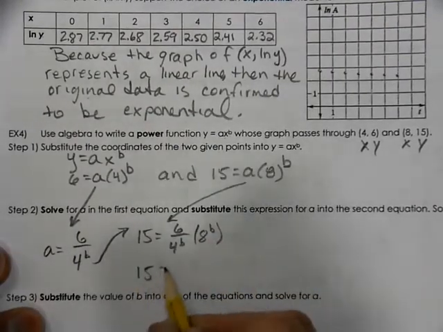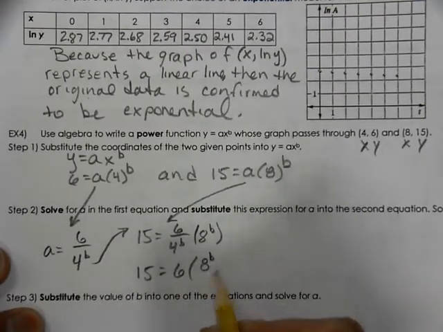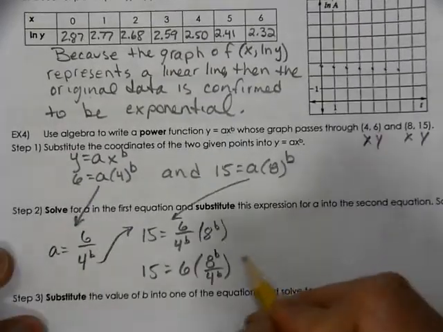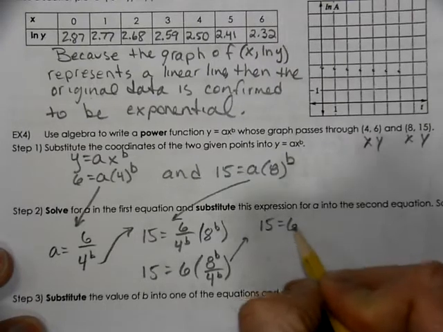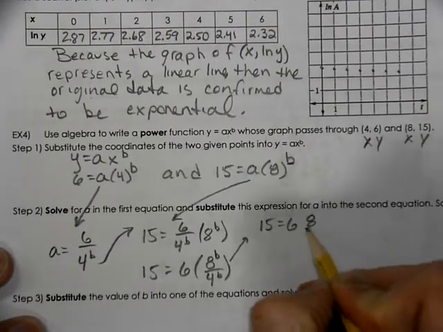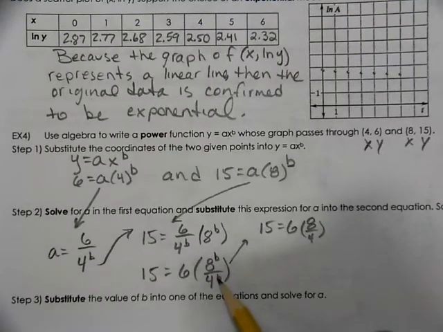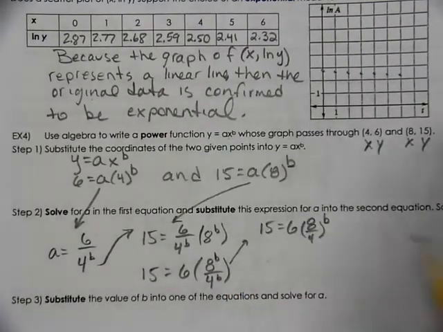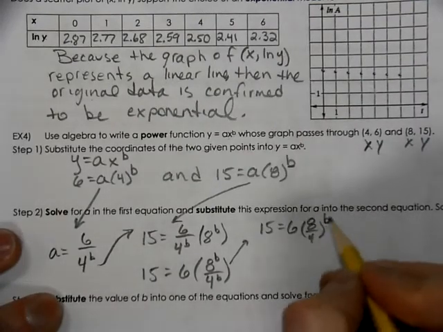We're going to reorganize that a bit and say 6 times 8 to the b over 4 to the b. And we can reorganize that since both the numerator and denominator have an exponent of b. I can pull that b out. We're using the property that allows us to distribute it in, the quotient property.